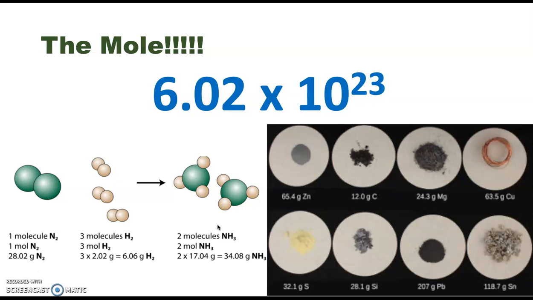It's a nice amount to work with in lab. Because a single atom's so tiny, you never work with just a single atom. You work with atoms more on the scale of a mole. You'd work with about this amount of carbon probably if you're doing a reaction, or this much zinc. These are common, more realistic amounts to work with. So that's why the mole is so handy.